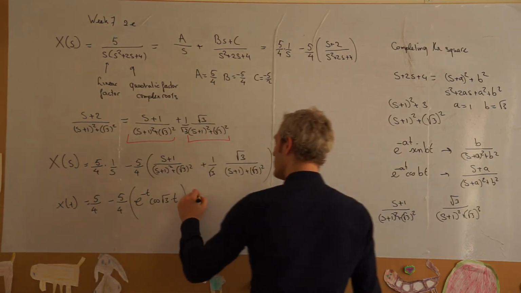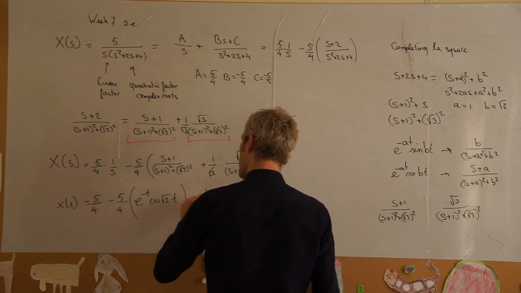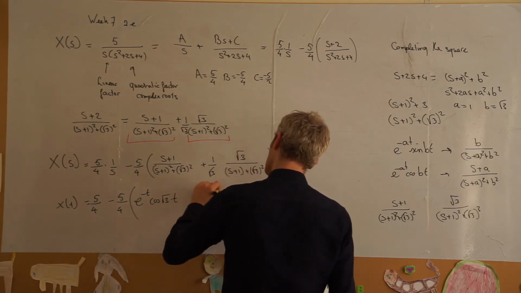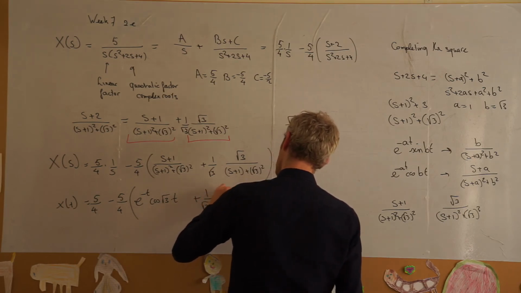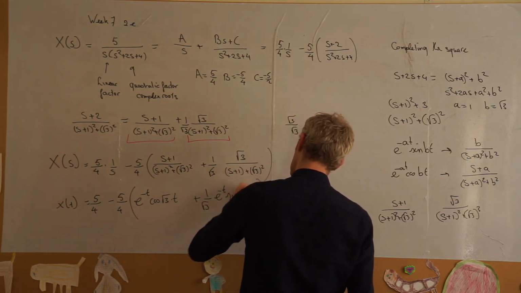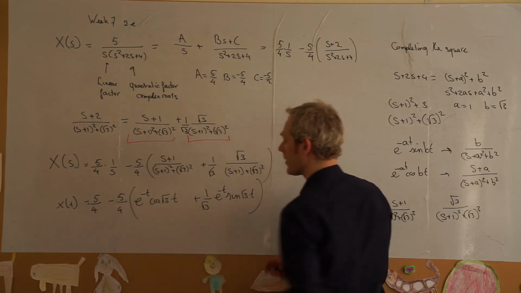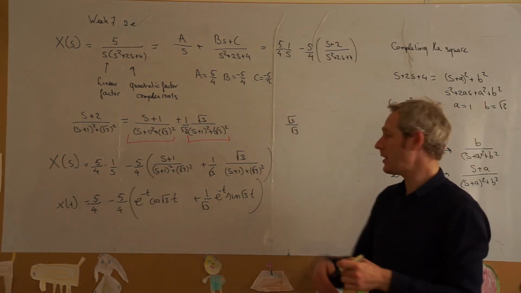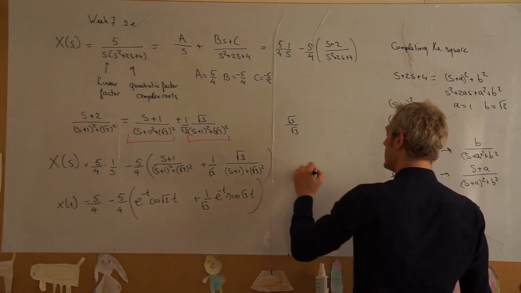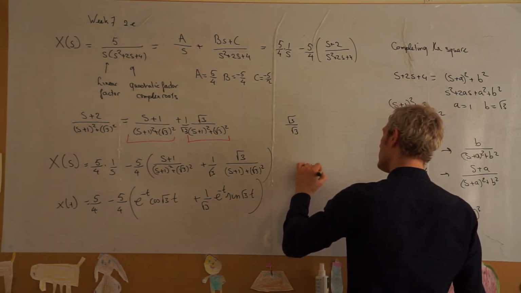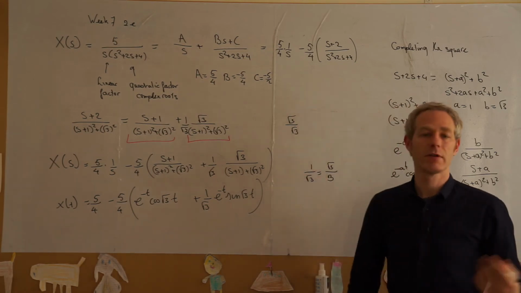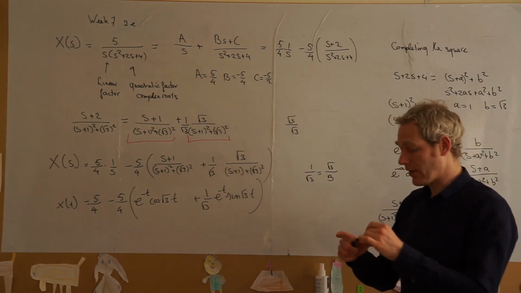And this one becomes 1 over the square root of 3 e to the power of minus t sine of square root of 3 times t, and the parenthesis for that factor. Now, I don't like having square roots in the denominator, so what we can do is write 1 over the square root of 3 as square root of 3 over 3. But of course, this answer is just as correct.